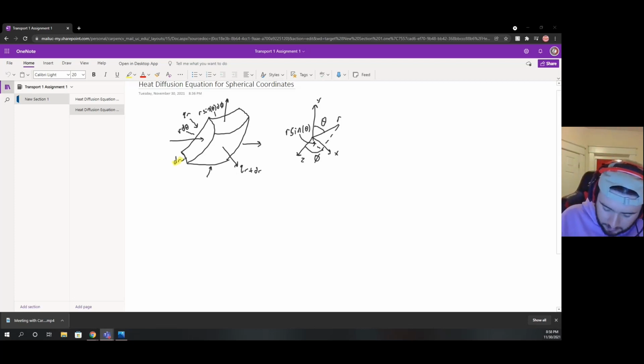And then in the theta direction, it's going to travel the distance of theta and come out the other side as Q_(theta+d theta). And then for the phi direction, we're going to start off with Q_phi.